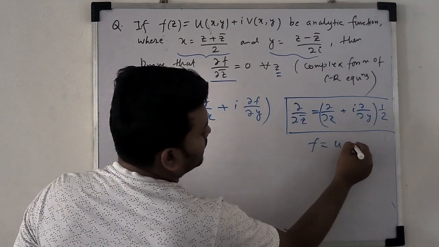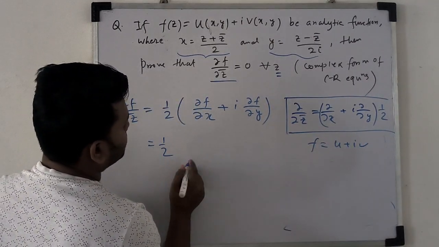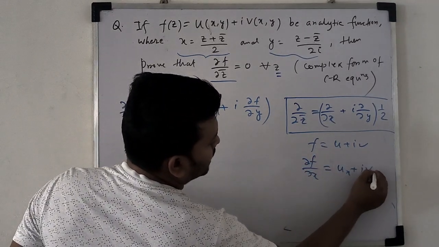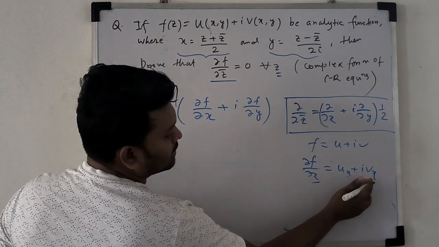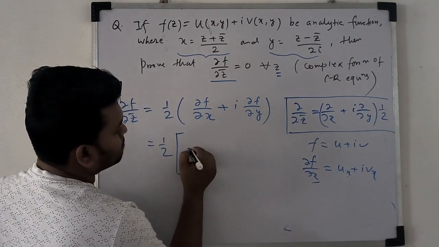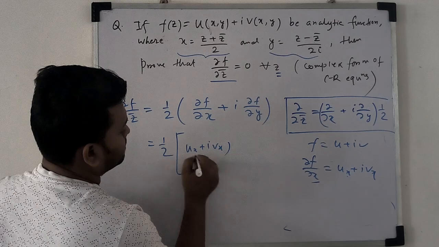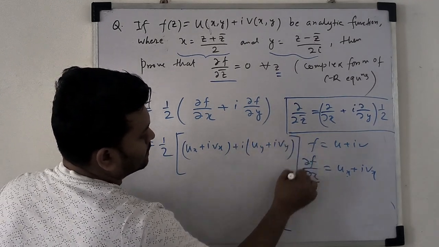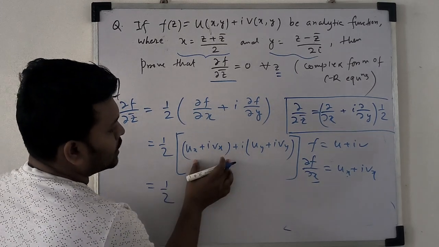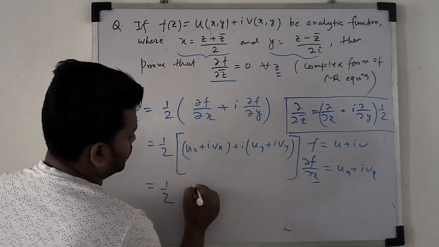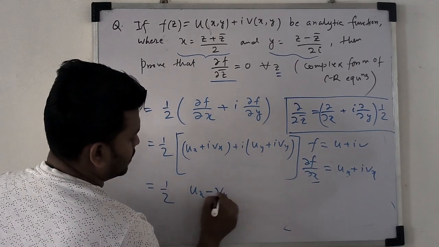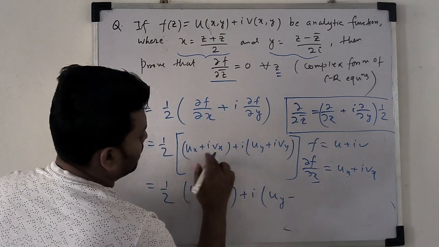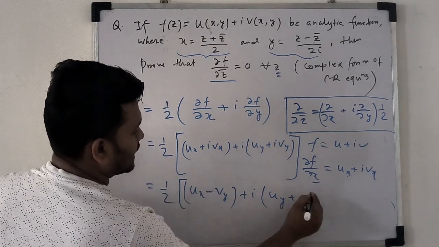As f = u + iv, taking the derivative with respect to x, ∂f/∂x is u_x + i v_x. Similarly, with respect to y, it is u_y + i v_y. So we get u_x + i v_x + i(u_y + i v_y). If we simplify, using i squared equals −1, we get (u_x − v_y) + i(u_y + v_x).